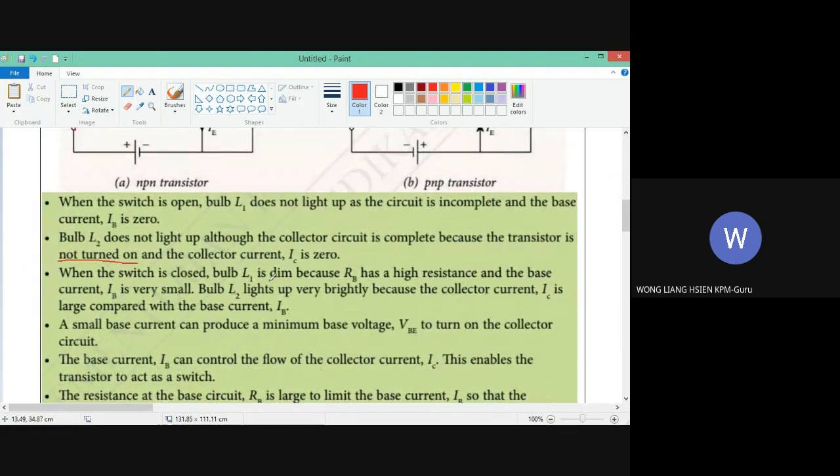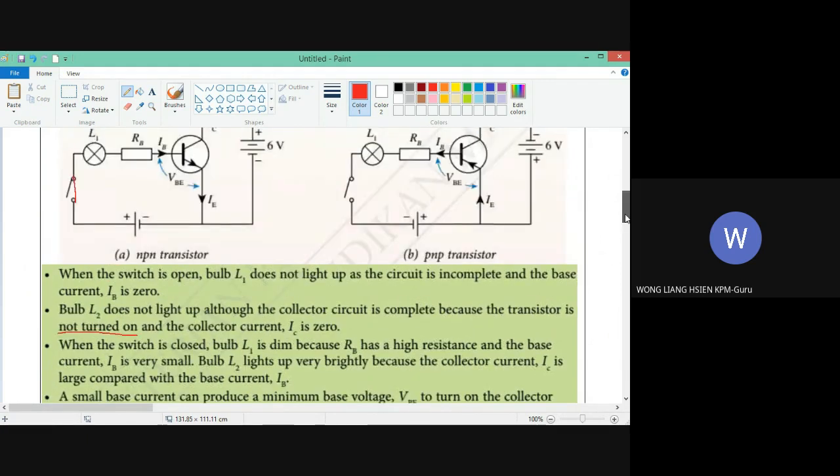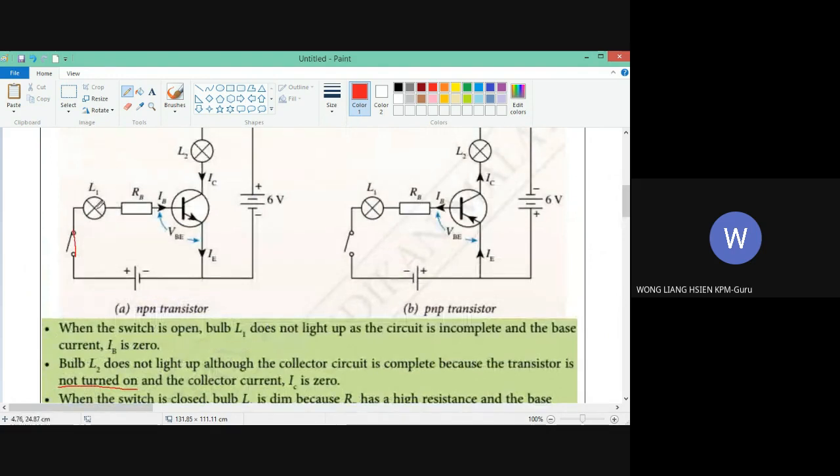So bulb L2 lights up very brightly because the collector current is large compared with the base current. You see this bulb is dim, but this bulb is bright. So that means a small current controls a big current.